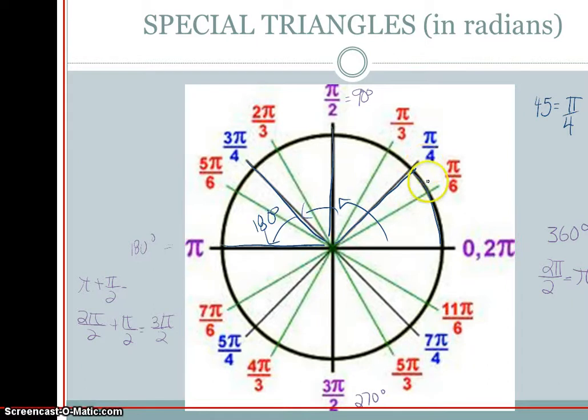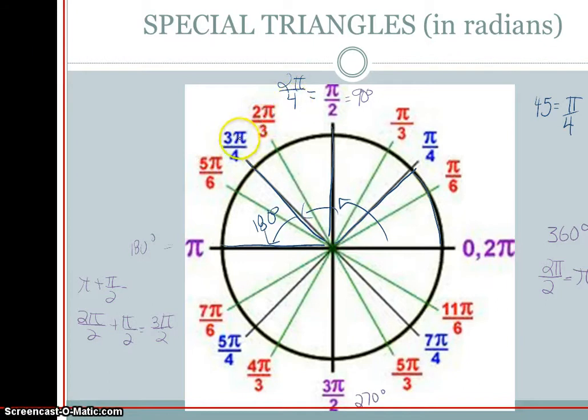So if you break up pi into 4 equal pieces, you of course get pi over 4. Our pi over 4, if we add another pi over 4 onto it, becomes pi over 4 plus pi over 4, which is 2 pi over 4, which becomes pi over 2. If you add another pi over 4 onto 2 pi over 4, you get 3 pi over 4.